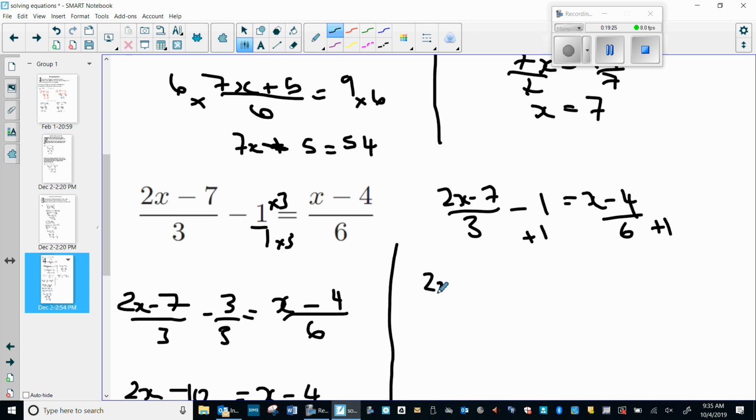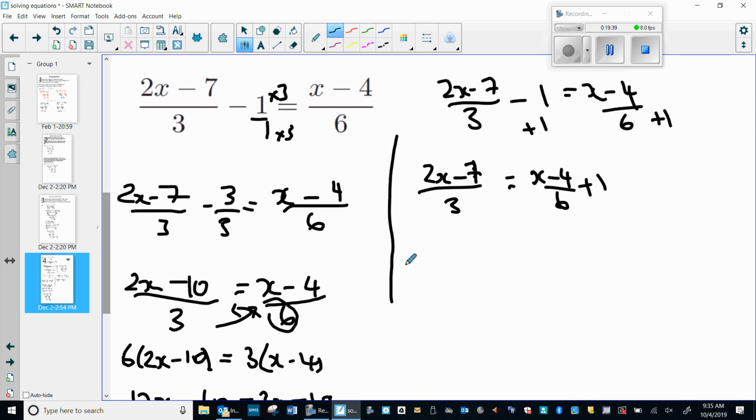So we would have 2x minus 7 over 3 equals x minus 4 over 6 plus 1. And then we could take this fraction away from both sides. So we would then have 2x minus 7 over 3 take away x minus 4 over 6 equals positive 1.